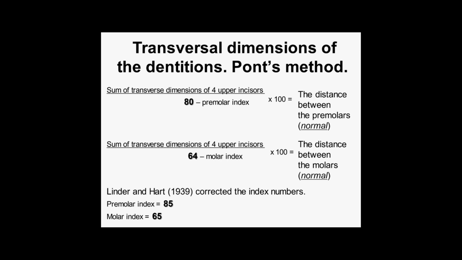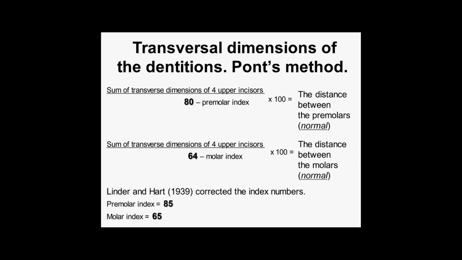Pond defined premolar and molar indexes, which can be used to determine the width of the normal dentition of premolars and molars as a function of the sum of the mesodistal dimensions of the four upper incisors. The premolar index is 80 and the molar index is 64.